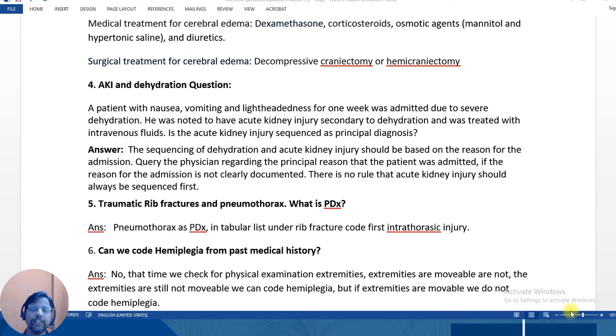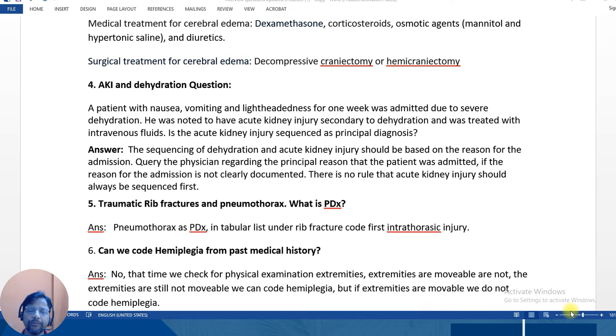In the interview they will ask you one more question related to AKI and dehydration. A patient with nausea, vomiting and lightheadedness for 1 week was admitted due to severe dehydration. So the patient already has nausea, vomiting and lightheadedness. He was noted to have acute kidney injury secondary to dehydration and was treated with intravenous fluid.